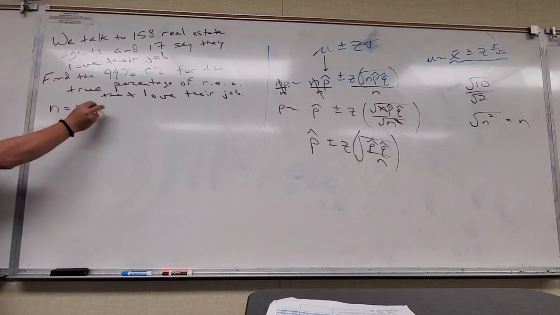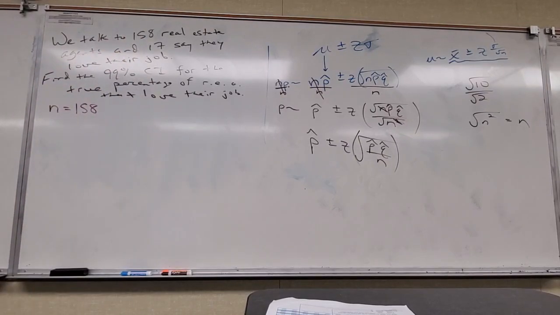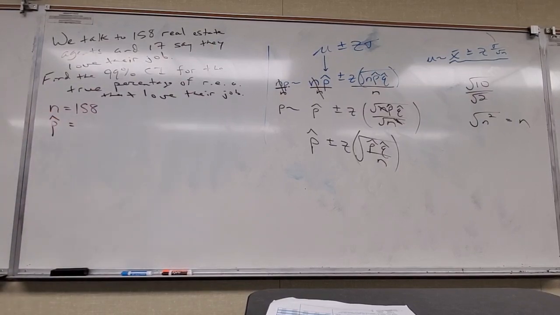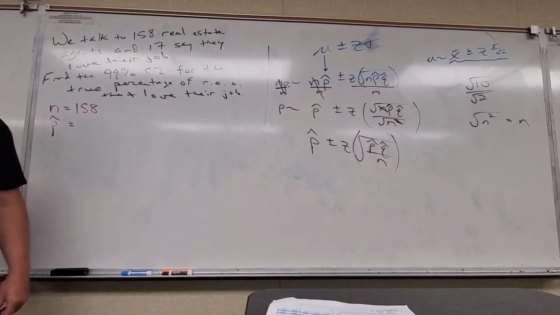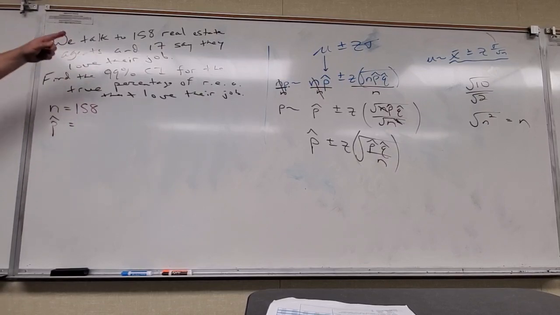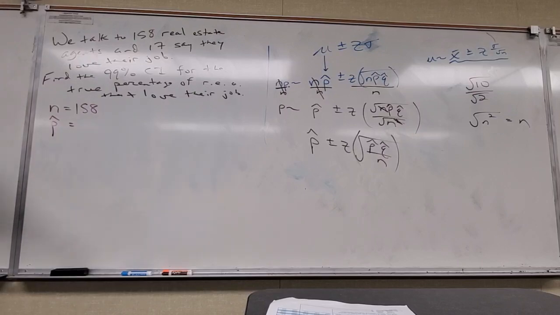Beautiful. n is the bigger number. 17 is a part of that. So we talked to 158 people. n is 158. Can somebody figure out what p hat is? What does p hat represent again? p means a percentage, and the hat means it comes from a sample. So what is the sample percentage? It's always got to be less than 1, right?